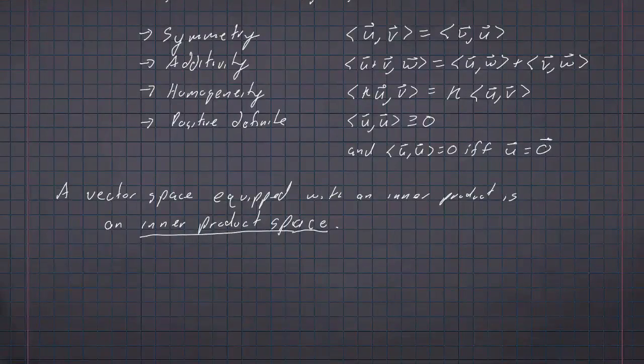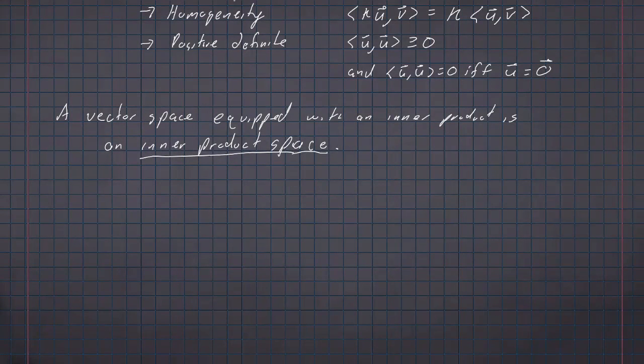I said in the intro to this video that the inner product space was supposed to be a generalization of the Euclidean dot product.